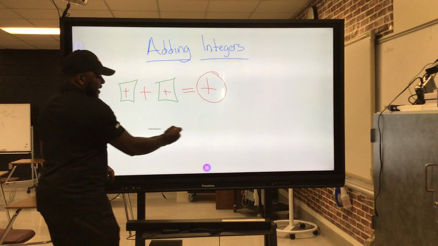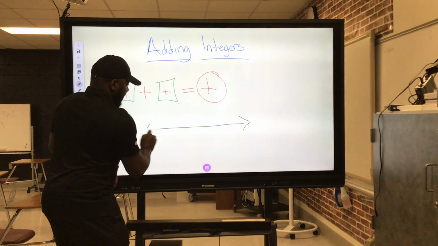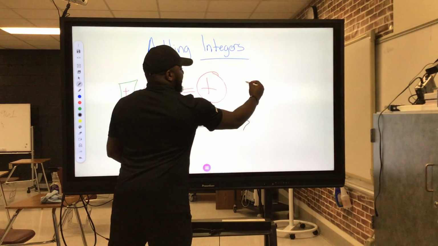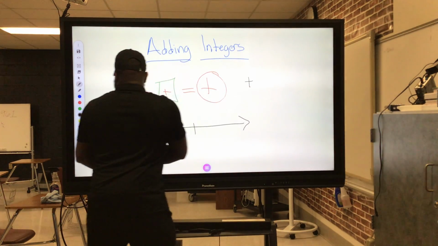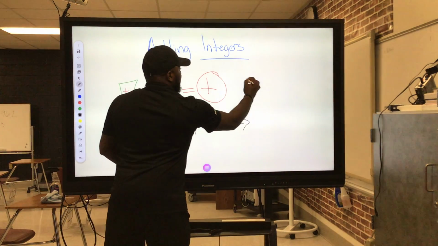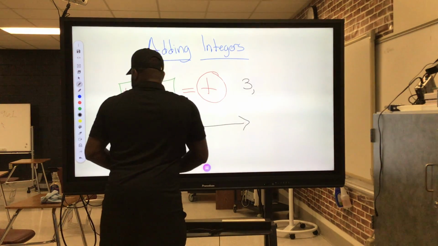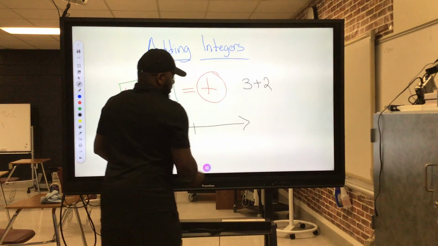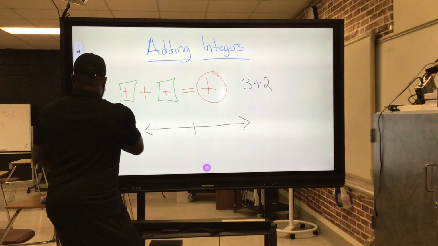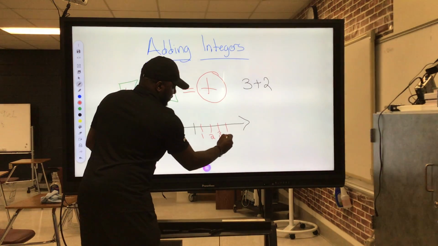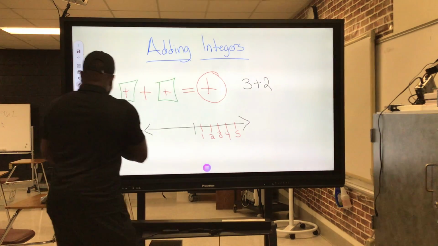If I have a number line, and I'm going to write the problem right here. If I have positive 3 plus positive 2 on my number line, 1, 2, 3, 4, 5.